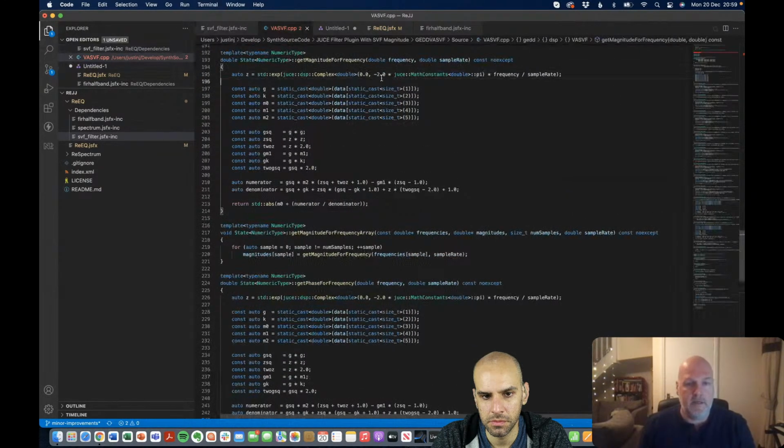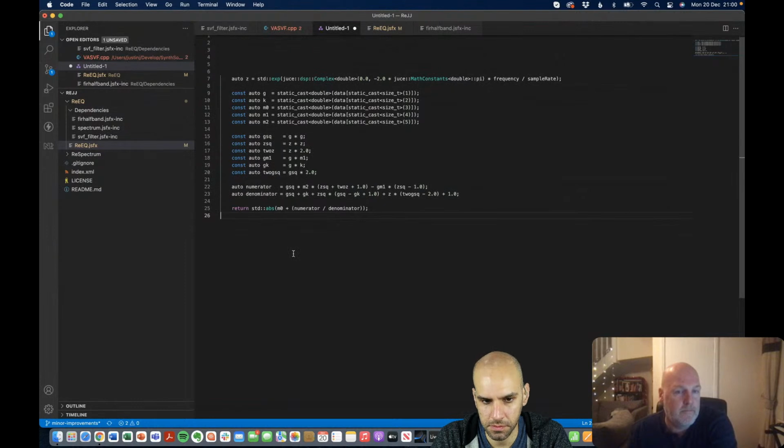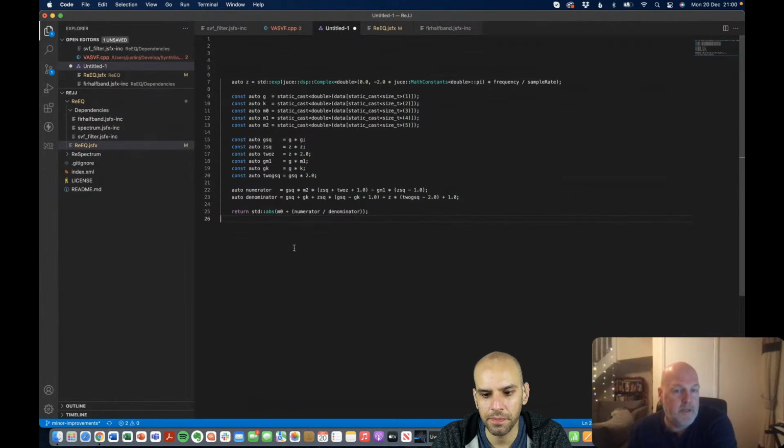It's actually this. So the only difference is essentially this. It's the abs that gets the magnitude. Yeah, that's the way it falls out.